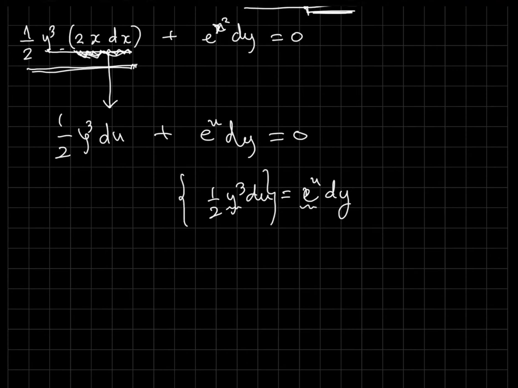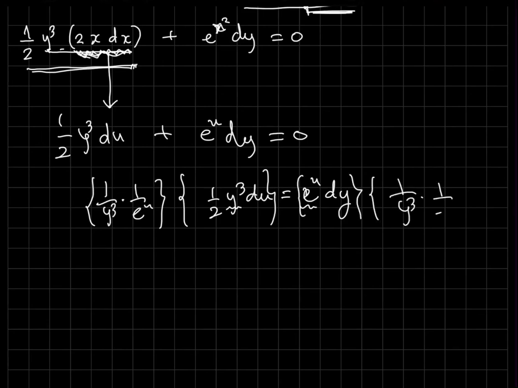So I'm going to write that explicitly here. I'm going to divide it by y cubed e to the u, and do the same thing on this side. And now what we have is 1/2 times 1 over e to the u du. Now on the other side we have dy over y cubed.